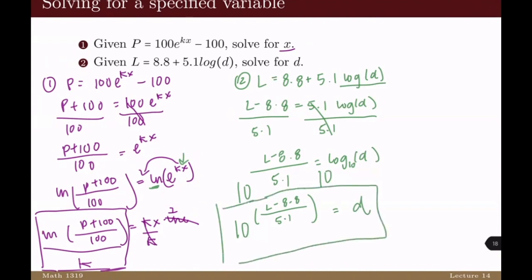The reason is, I'm going to use a smaller example. If I have 2 to the log base 2 of 8, I'm claiming this is just equal to 8. It is one of your log properties, but I want to tell you why it's true really fast. This is because log base 2 of 8 is equal to 3.